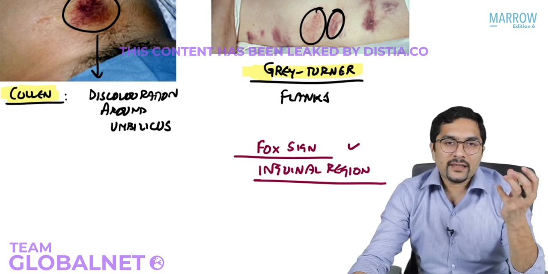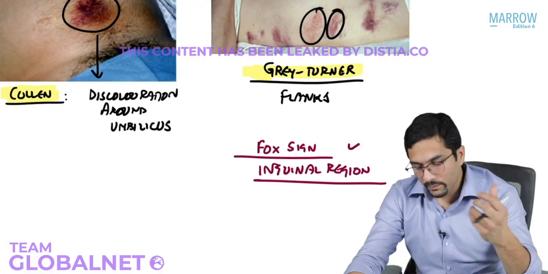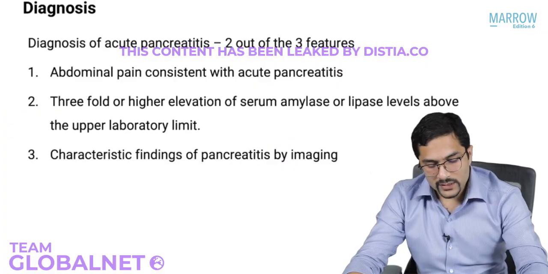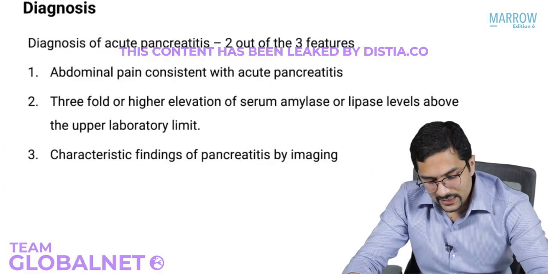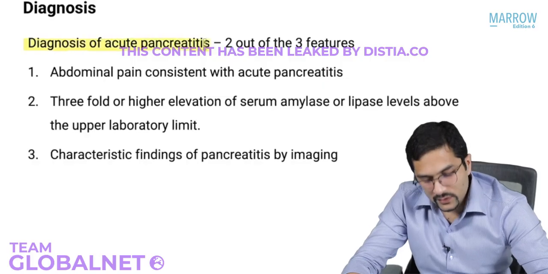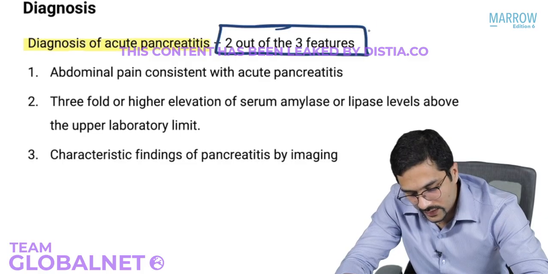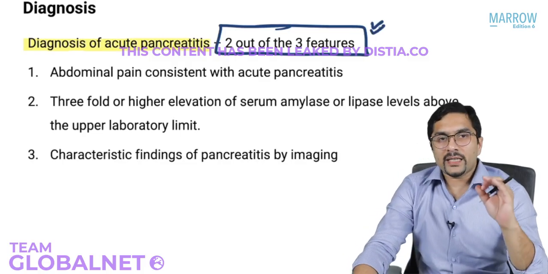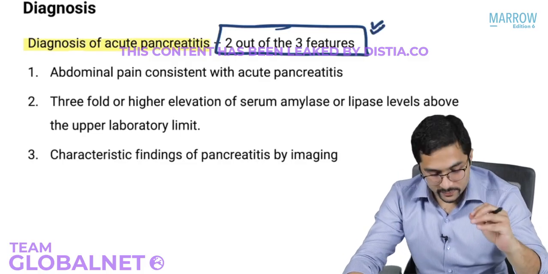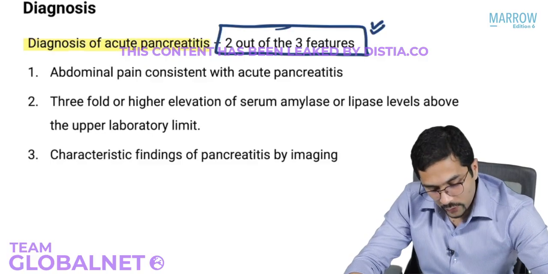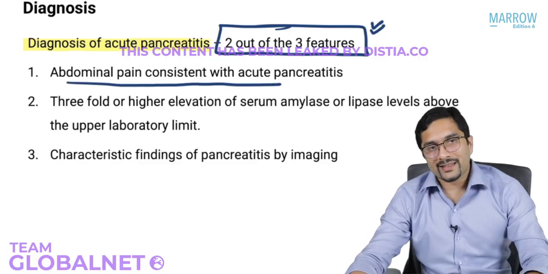Now, these patients with pancreatitis usually come to the emergency with pain. And how do we make the diagnosis? So there is an international consensus which says that the diagnosis of acute pancreatitis can be made when 2 out of the following 3 features are there. And these have been taken directly from the latest edition of Sebastian. So there should be abdominal pain consistent with acute pancreatitis.